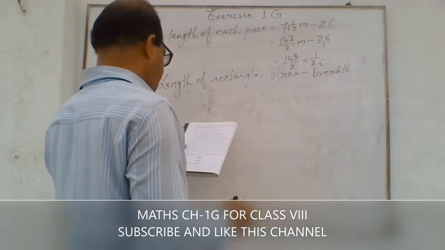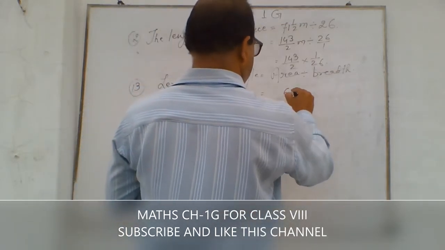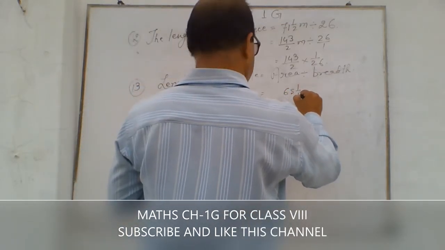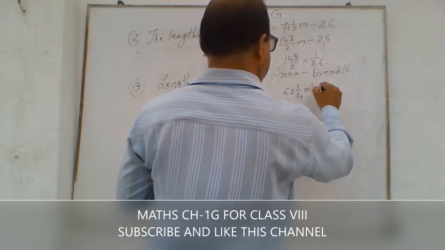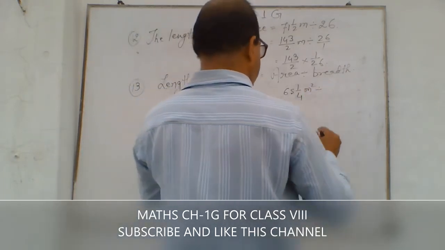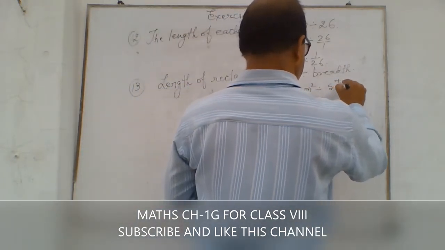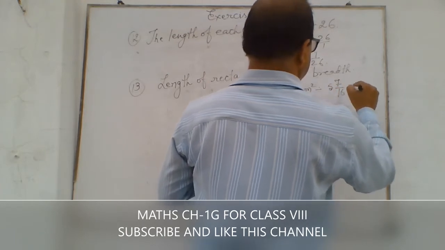Area is given: 65 whole 1 by 4 square meters divided by 5 whole 7 by 16 meters.